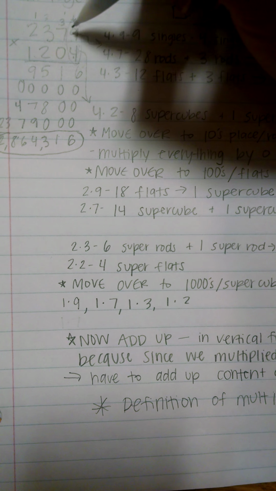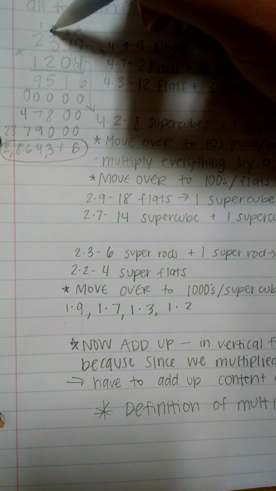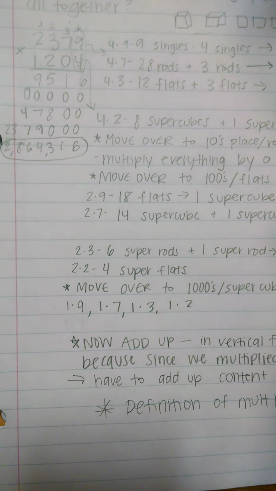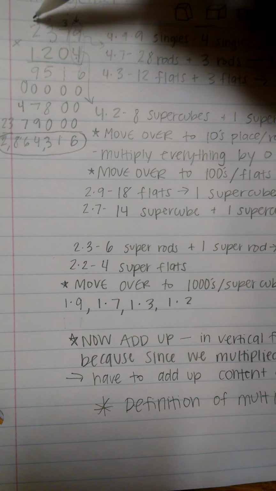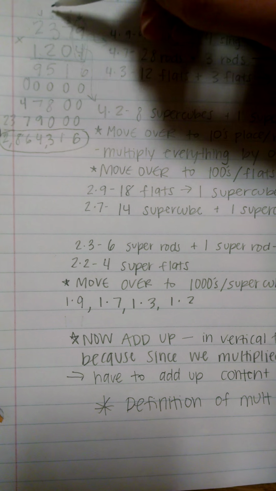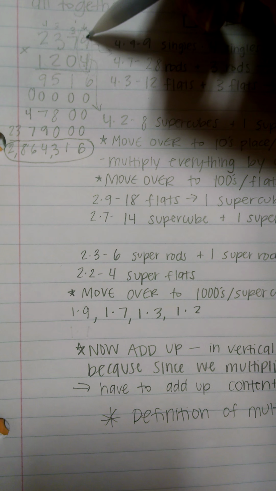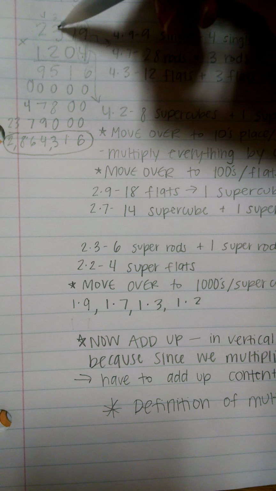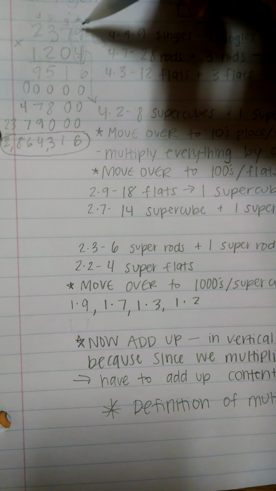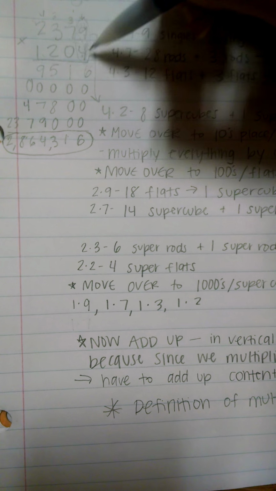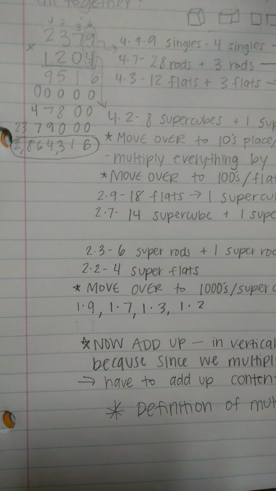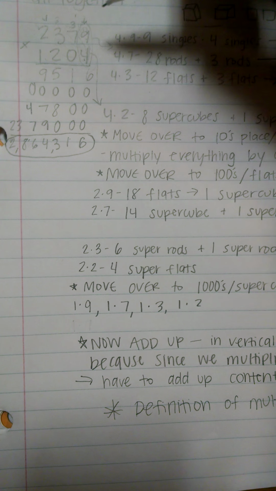We have the singles here, the rods here, the flats here, and the supercubes here. Since we are in 4 different units, we have to divide it up and multiply by each unit at a time. We can't multiply all the units together. That's just not possible. We have to divide it up into sub-problems.